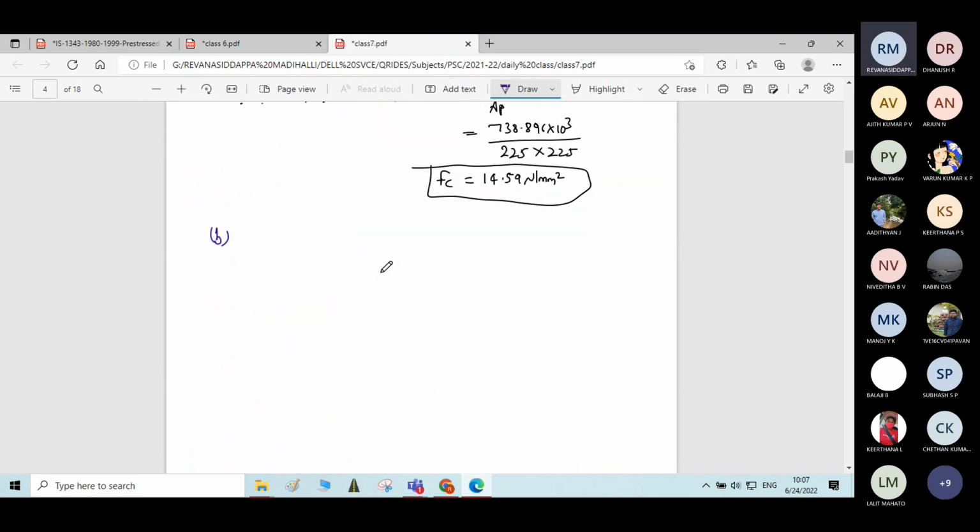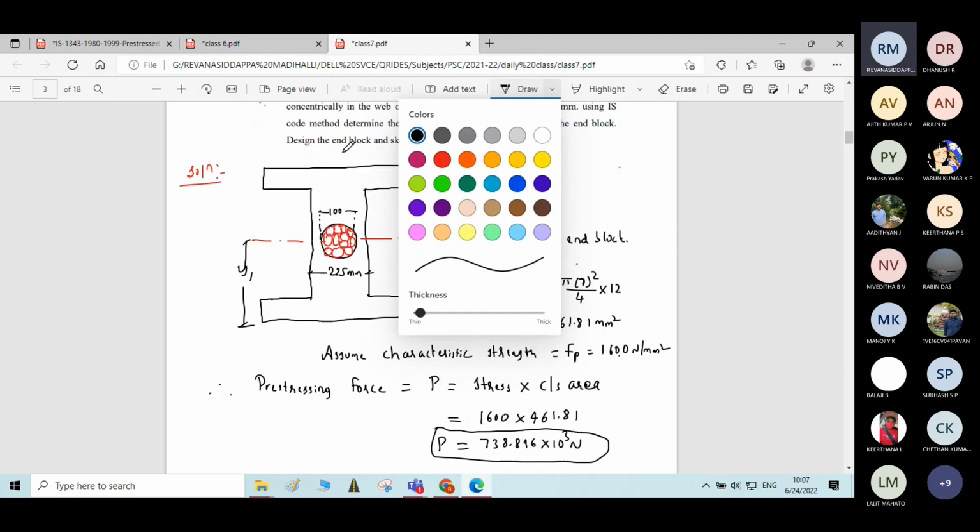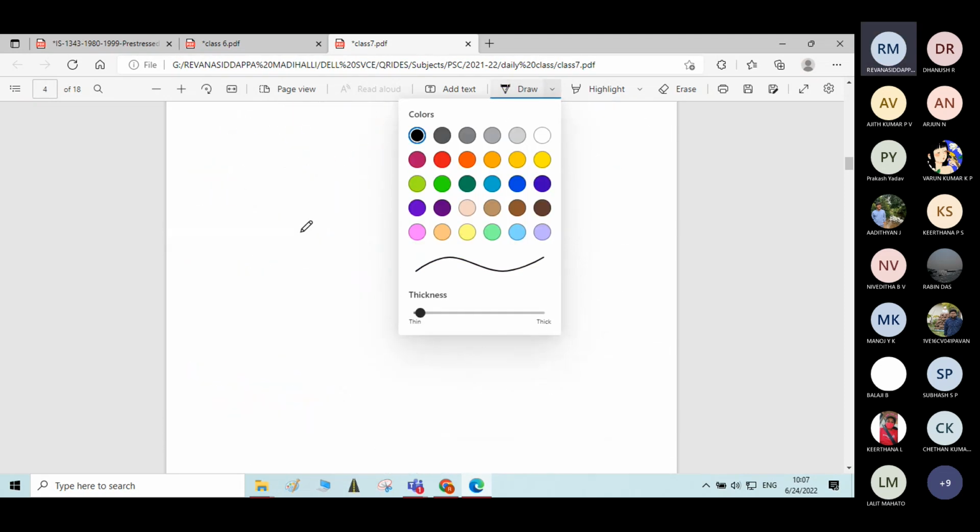So in this step, we will find the equivalent size of the anchor plate. The diameter of the Freyssinet cable is given as 100 mm. Let me write the diagram here.